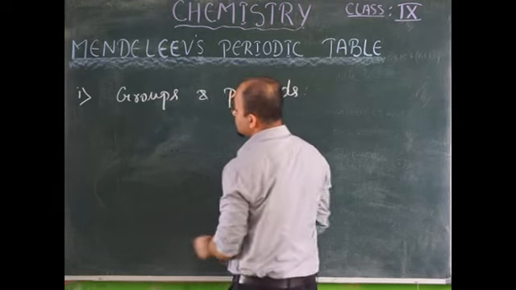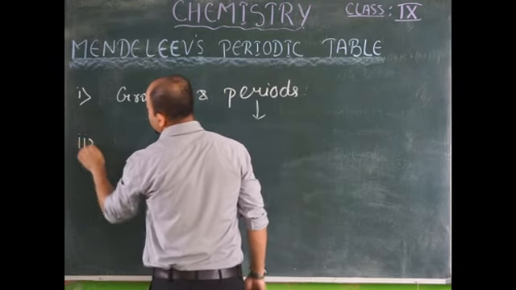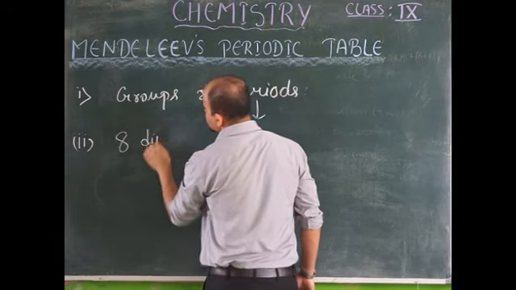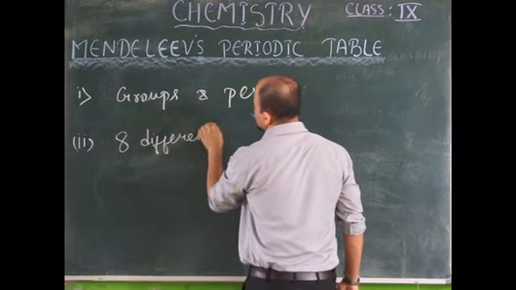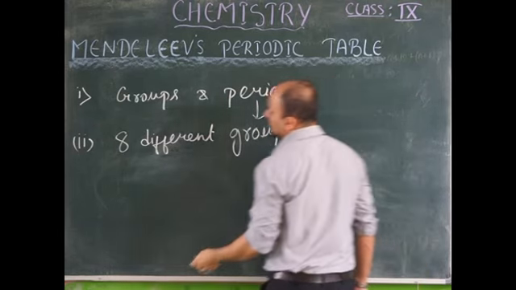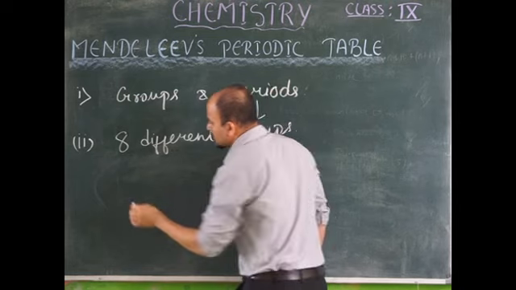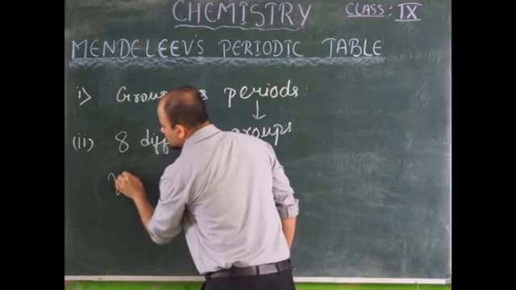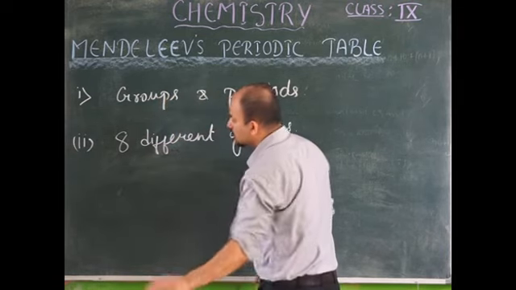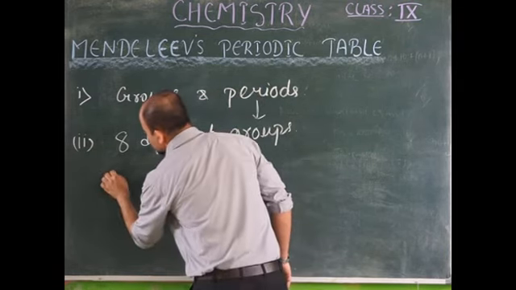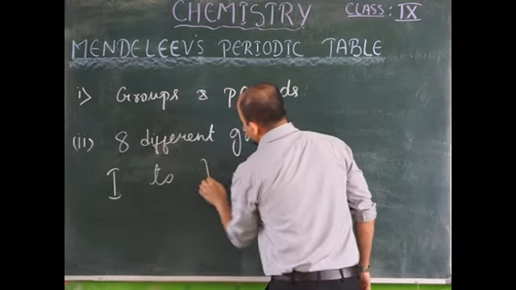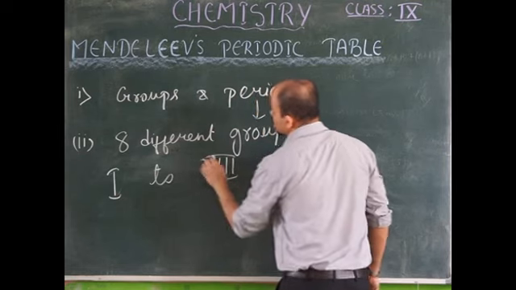So let's discuss these 8 different groups. He arranged elements into different groups, numbered with Roman numerals I to VIII.